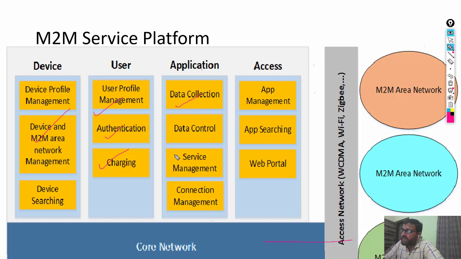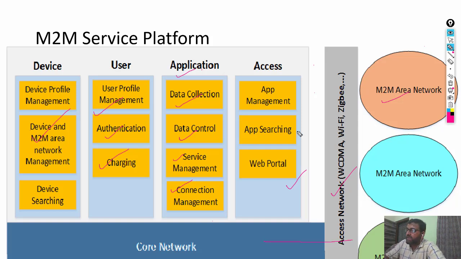Data is created, controlled, serviced by management, analyzed and abstracted for some purpose. This is coordinated and controlled by the application module, and after that we access the network, and that result is transferred to another M2M network with the help of the access network and middleware. The middleware takes the result from here and transfers it to another M2M area network.